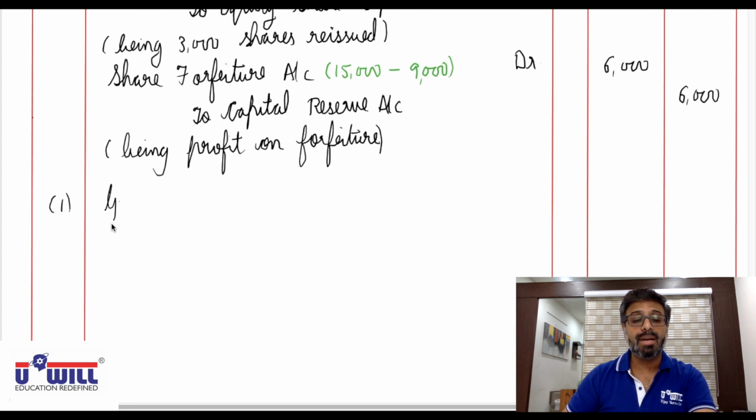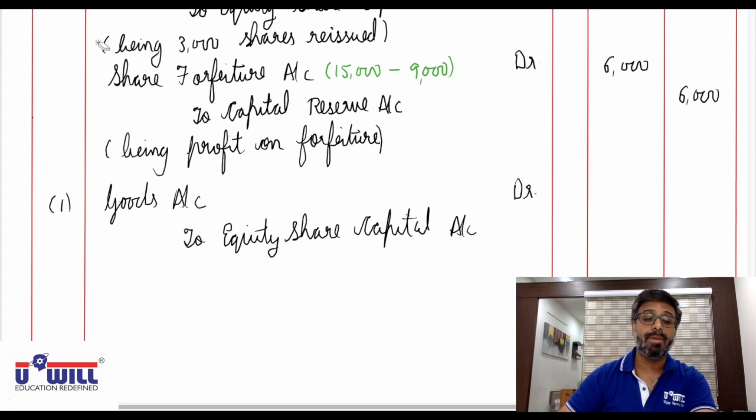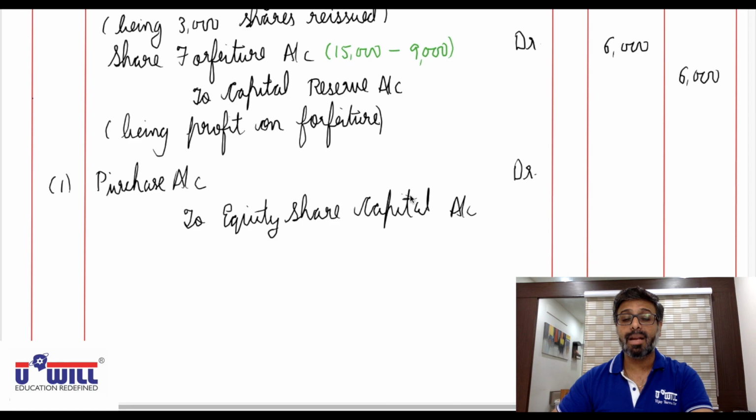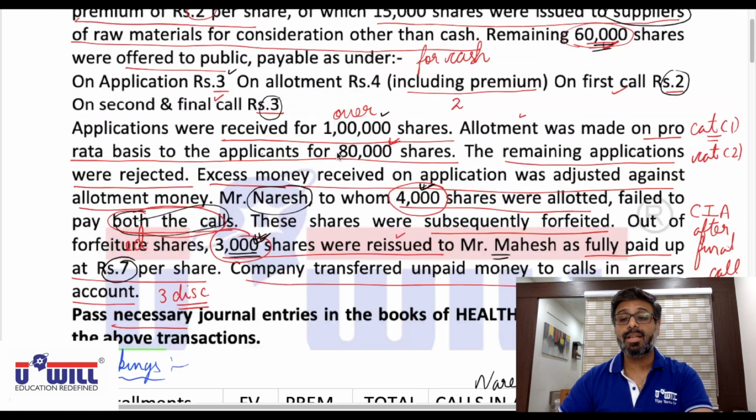So goods comes in, debit what comes in, goods account debit. Shares go out, credit what goes out, equity share capital account. Goods come in, debit what comes in, goods account debit, or you can also write purchase account debit. And to equity share capital account, what amount? 15,000 shares are issued.